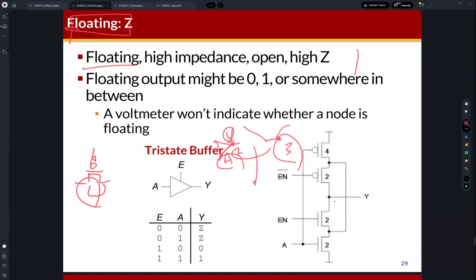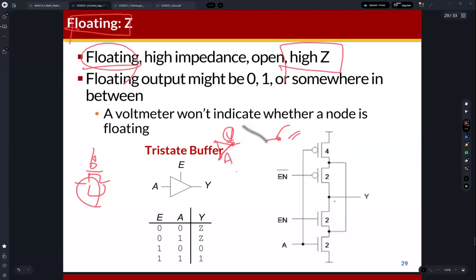So if this wire is disconnected, then we can represent the value of B using Z. When a certain node is disconnected and floating, we can represent this situation by using Z. It's also called high Z. Actually this situation means that the wire is disconnected, which means the resistance is big.